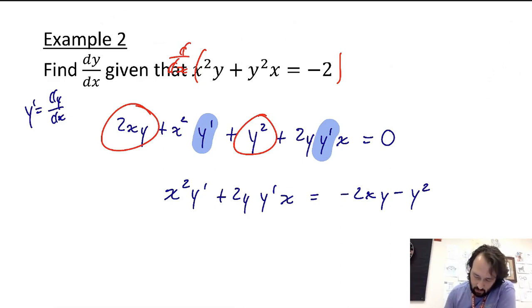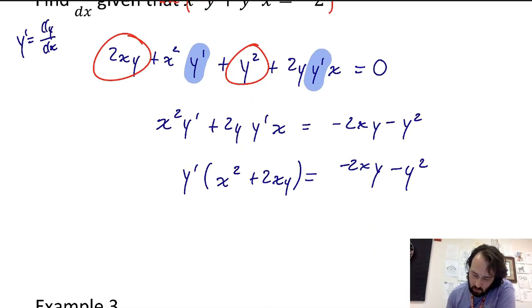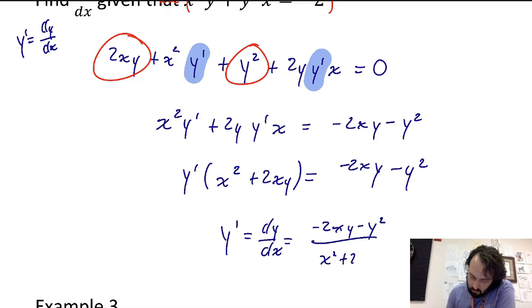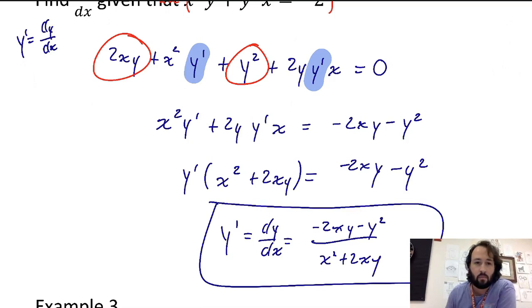Then I can factor y prime and divide out that term. So y prime, or dy dx, equals negative 2xy minus y squared over x squared plus 2xy. And that's it for that one.